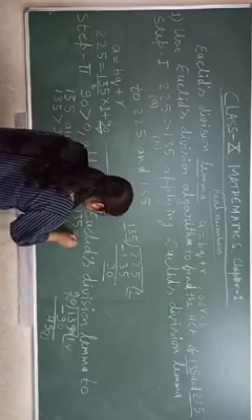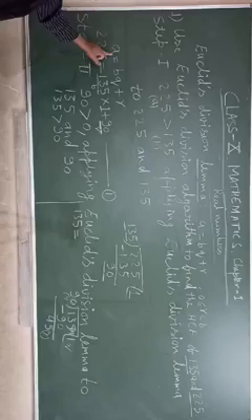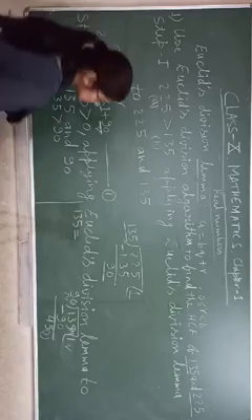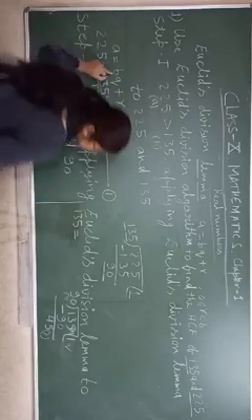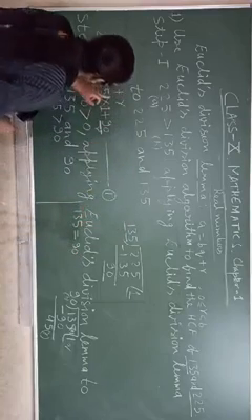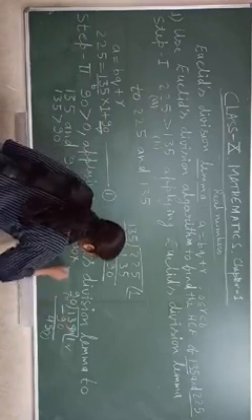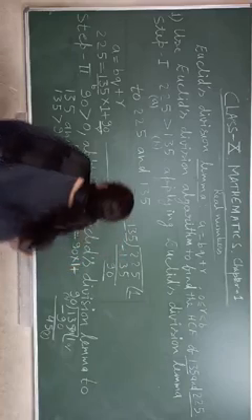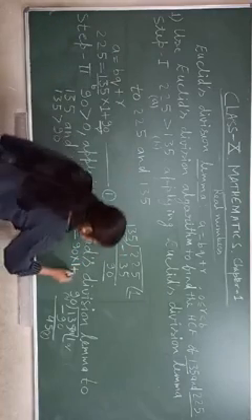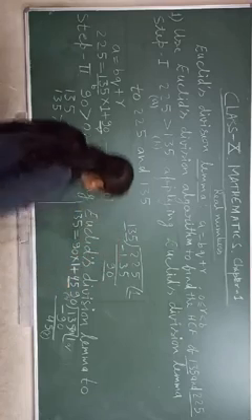135 equals, A equals BQ plus R. A is 135, B is 90 and quotient Q is 1 here, and remainder R is 45. You have to focus on the remainder.